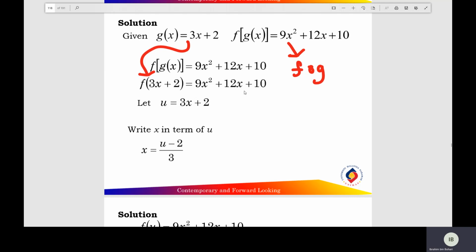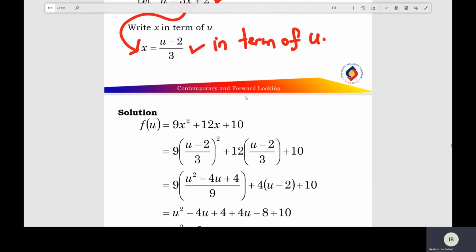And you let u equal 3x plus 2. And then write down x in terms of u: x equals u minus 2 over 3. Okay, this one is in terms of u, and you find f(u).